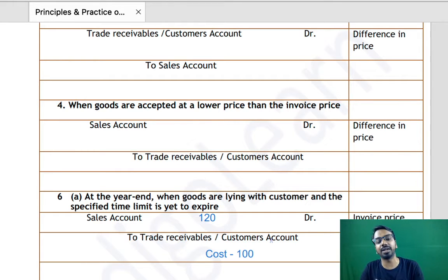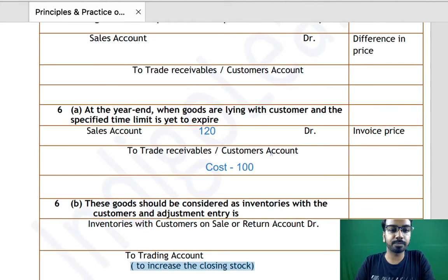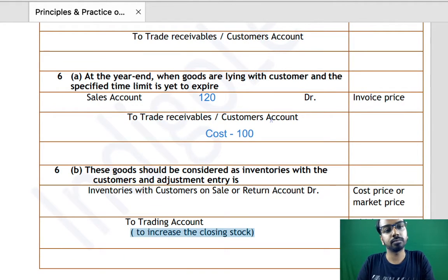We recognize the inventory which is lying with the customer at cost price or market price, whichever is lesser. Now sometimes, one thing that can be tricky here is they would mention goods are sold at 25% above cost, right?